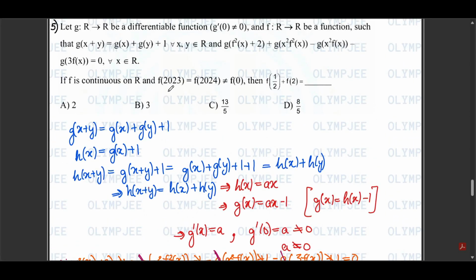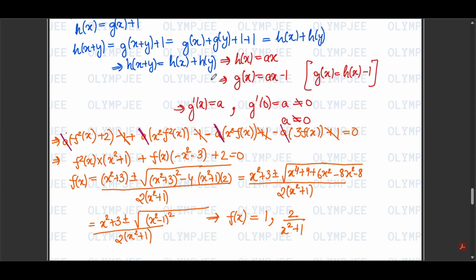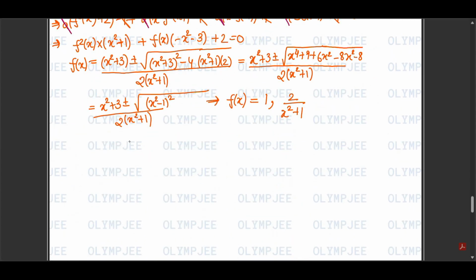And we are given that f(2023) is equal to f(2024). So if we take this function, then f(2023) will not be equal to f(2024), right? So at x equal to 2024 and 2023, f(x) must be equal to 1, so that f(2024) is equal to f(2023), right?